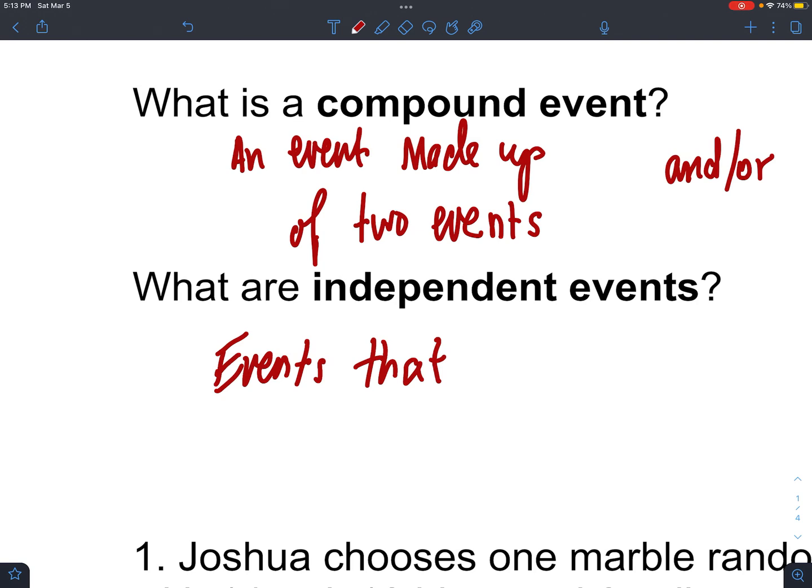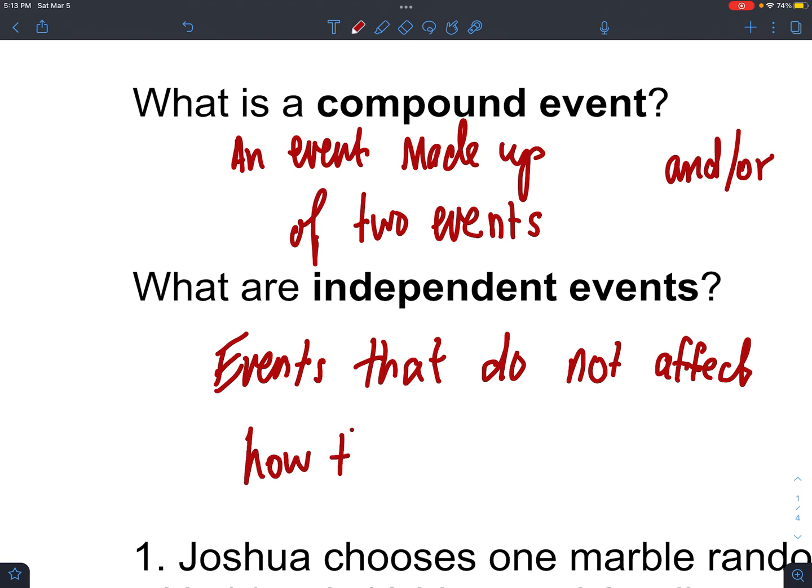Independent people aren't affected by others, right? They're confident. So independent events are events that do not affect how the other, it's typically a pair of events. So one doesn't affect how the other occurs.